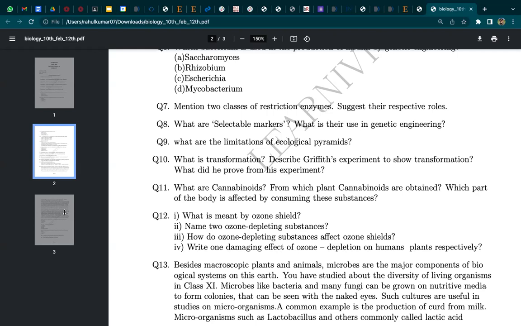As an example, you can write resistance to antibiotics upon transformation through plasmids.